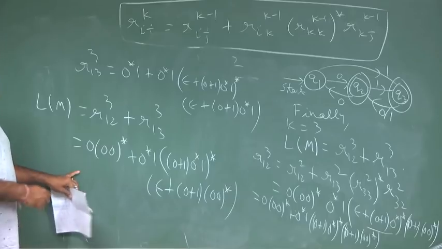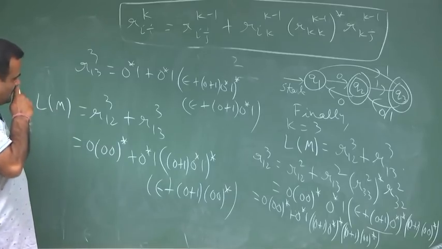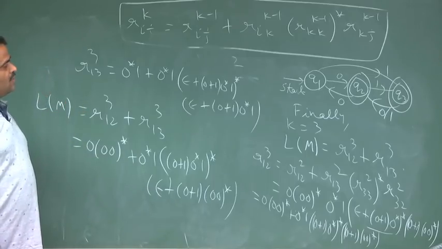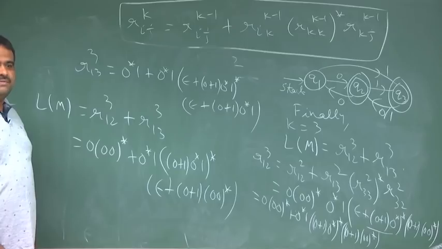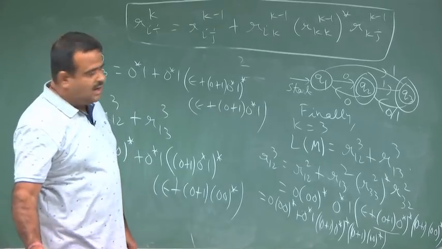Maybe you can simplify a little further. So this is the final regular expression for this automata. So from a given DFA we can use the recursive formula to get a regular expression.